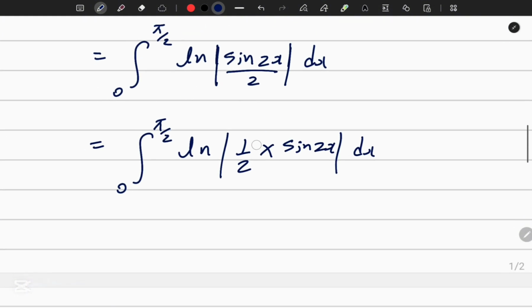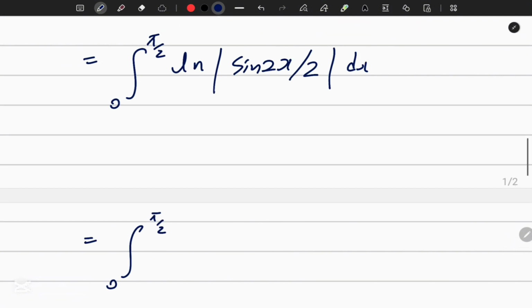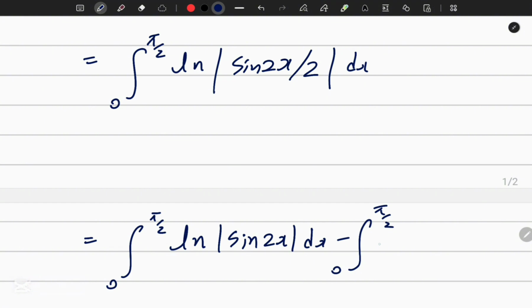Otherwise I can write that as the integral from 0 to π/2 of ln sin 2x dx minus the integral from 0 to π/2 of ln 2 dx.